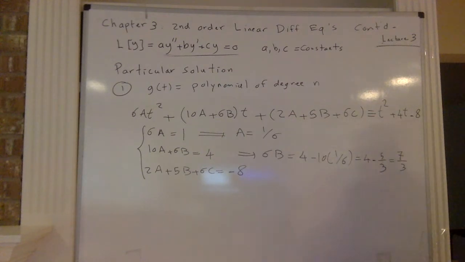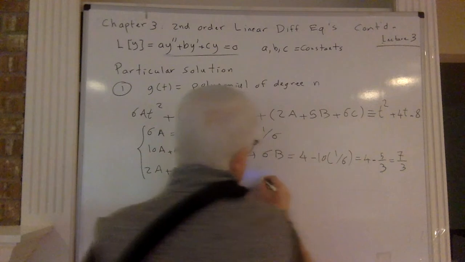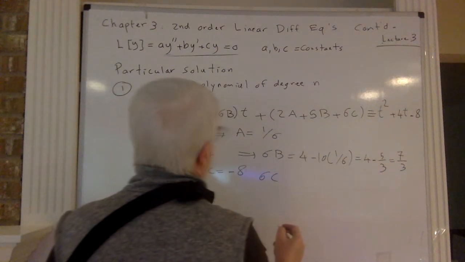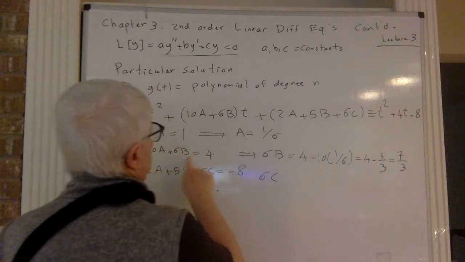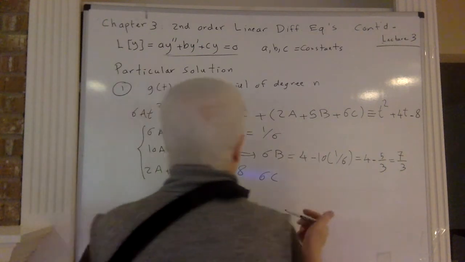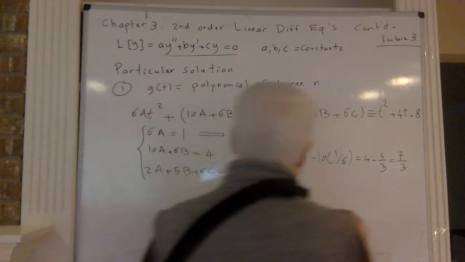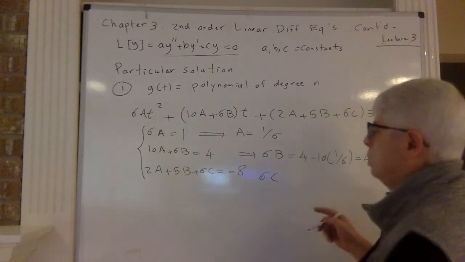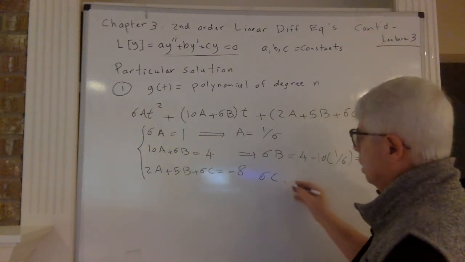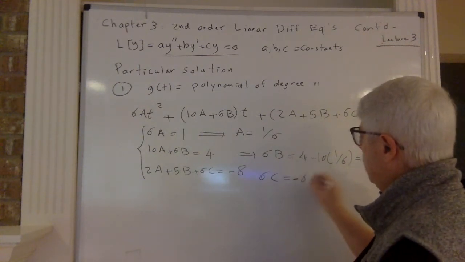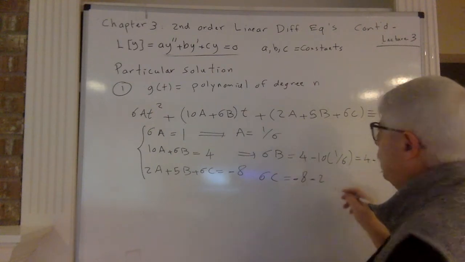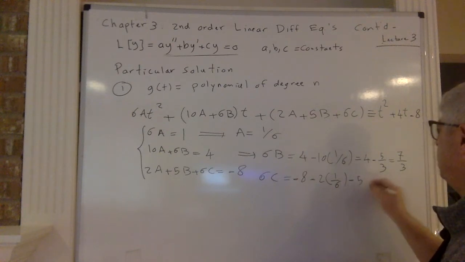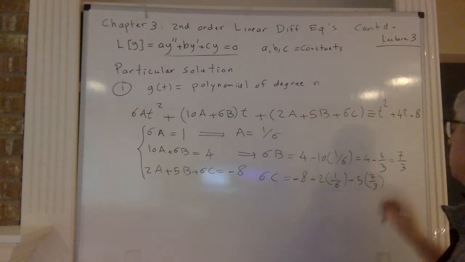So from here I have 6c. So 6c will be minus 8 minus 2a, 2 times 1 over 6, minus 5b, 7 thirds.